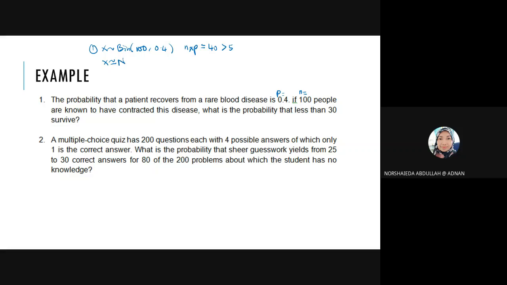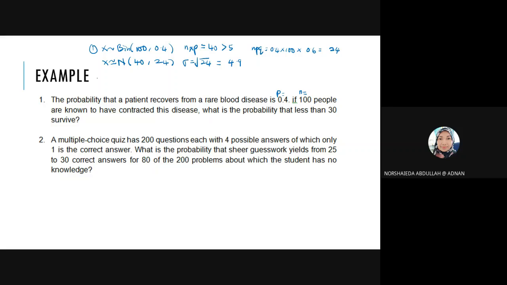Mean equals NP, which is 40. Variance equals NPQ, 0.4 times 100 times Q 0.6. Okay, NPQ is 24. Variance equals 24 and standard deviation is the square root of variance. Standard deviation equals 4.9.